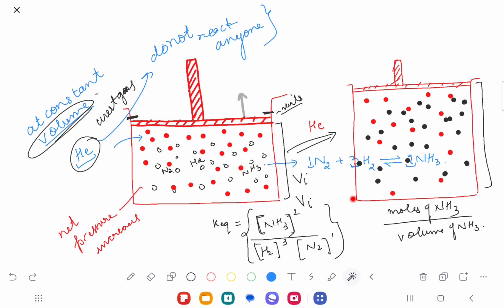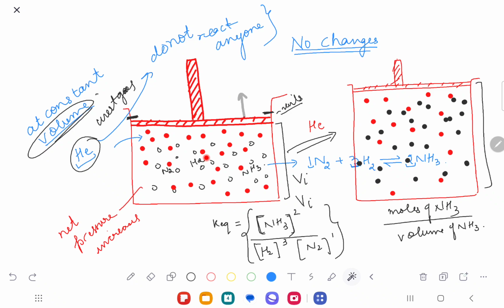But there is no change in the volume. So no change in the volume means no change in the concentrations of hydrogen, nitrogen or ammonia, and thereby no change in the equilibrium constant. So you will simply write no change, because inert gases at constant volume do not bring any change in the already established equilibrium.